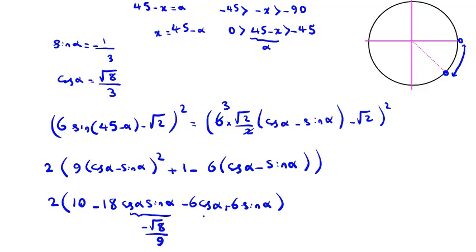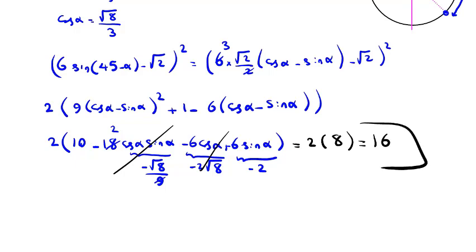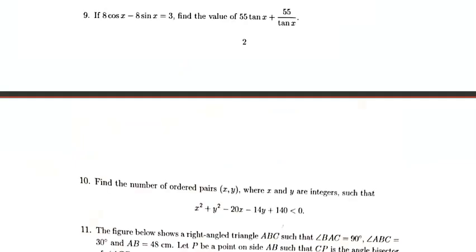And negative 6 cos alpha will be negative 2 root 8. 6 sine alpha will be negative 2. Now, 18 times this will be 2 plus 2 root 8 here, and negative 2 root 8, so they will be cancelled. Let me write the rest with black. Here and here will be cancelled. It will be 10 minus 2, 2 times 8 equals 16. So the answer is 16.